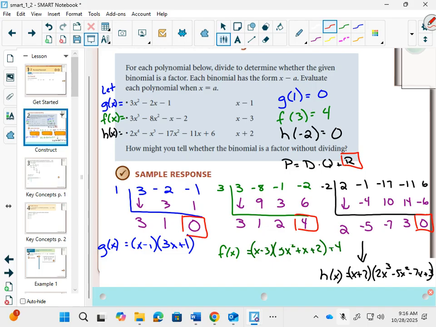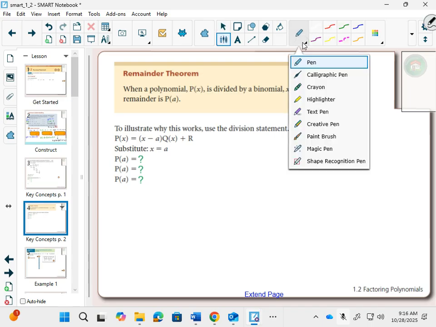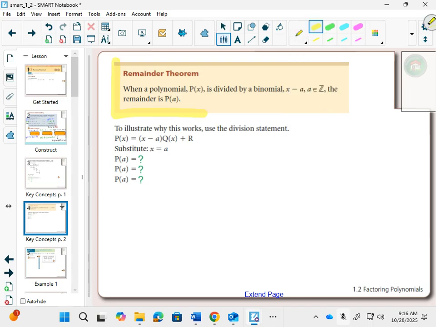So when the remainder is 0, it tells us that we can start to factor. And in fact, this is on your next page here, I'll just highlight it for you. Put a big highlighter all the way around this. This idea is called the remainder theorem. If you're dividing by x minus a, when you plug in a, that becomes your remainder.